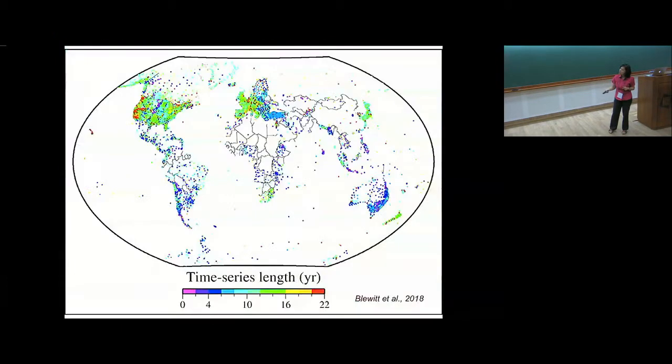And here is a picture of the global GPS distribution on the surface of the Earth. These give you a time series. Some GPS stations have been active for 22 years, some for much fewer years. But these are the GPS stations located, and it's an uneven distribution, but still it gives a pretty good idea about the movement of the Earth's surface.